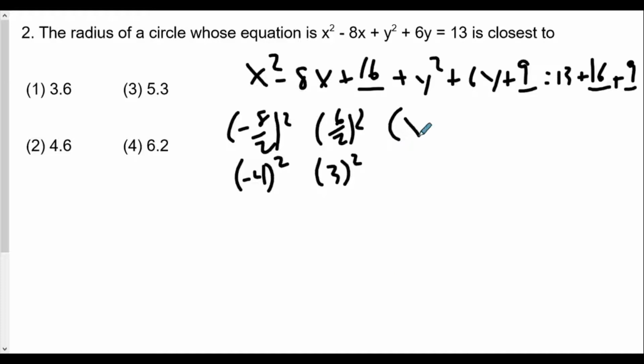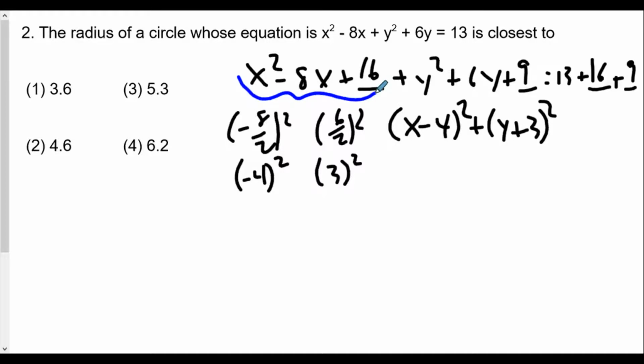So we have x minus 4 squared plus y plus 3 squared, because we factor x squared minus 8x plus 16 and y squared plus 6y plus 9. And we're going to add here the 13 plus the 16 plus the 9.